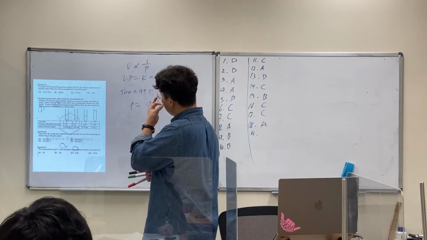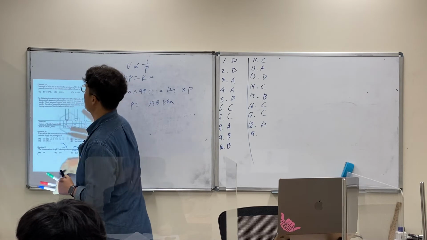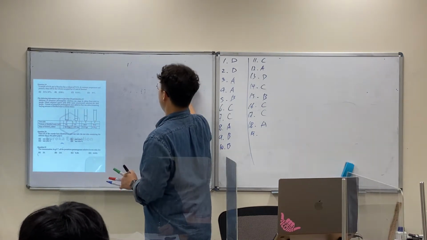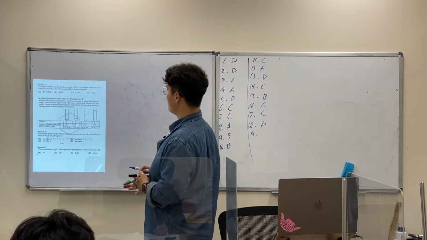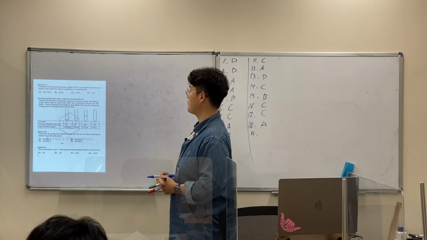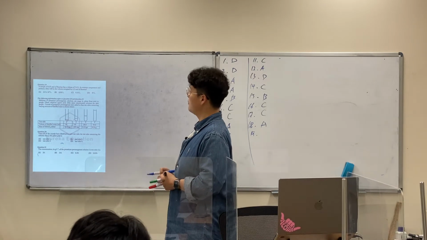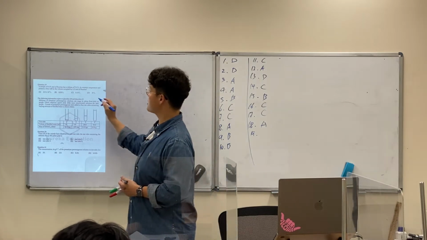A sample of 0.35 mole of fluorine has a volume of 5.9 liter. At constant temperature and pressure, what will be the volume occupied by 2.3 mole of fluorine? So we have a constant temperature and pressure.